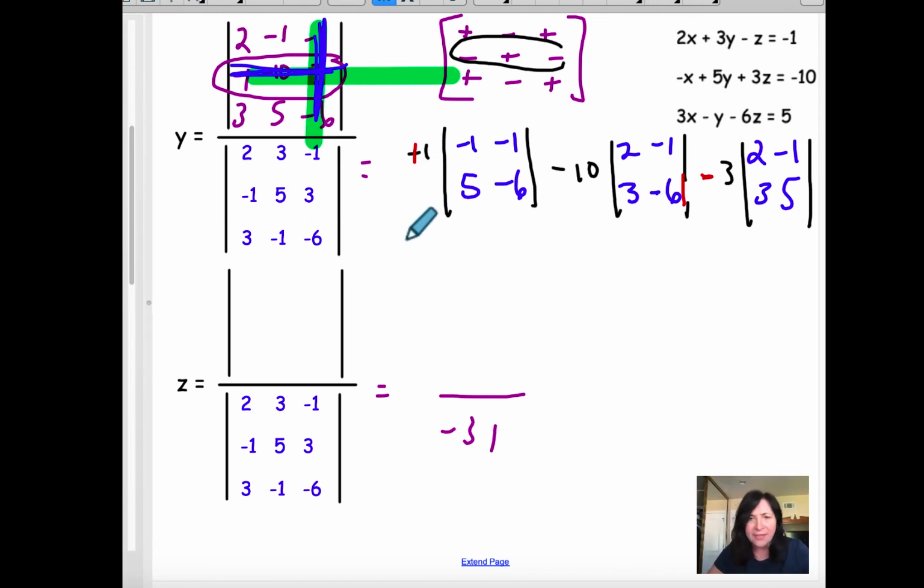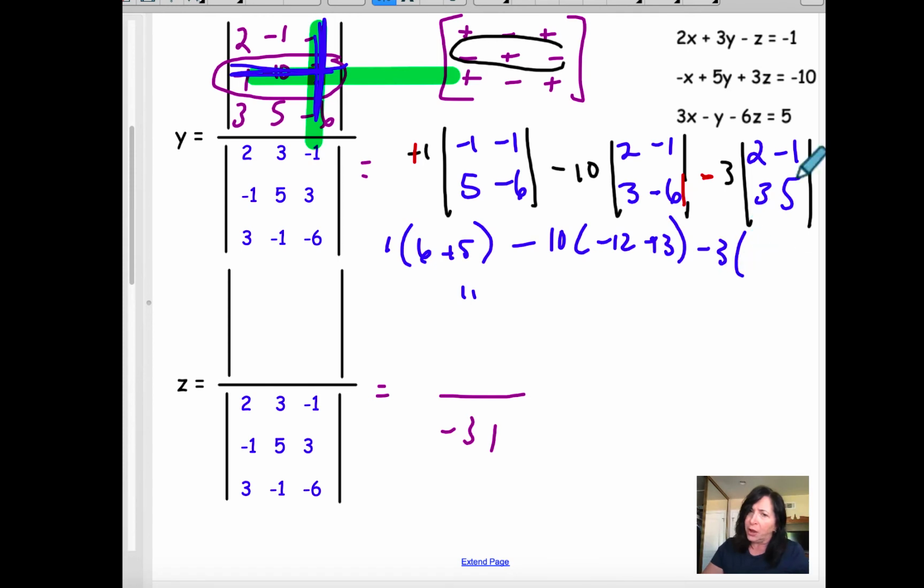So I'm going to go 1 times that, which is just 1 times that. 6 minus negative 5, which is plus 5, so that's 11, minus 10 times negative 12 minus negative 3, so that's plus 3, minus 3 times, and that's 10 minus negative 3, which makes plus 3.